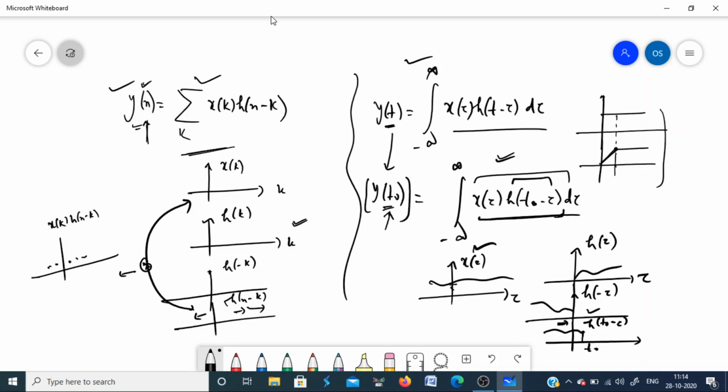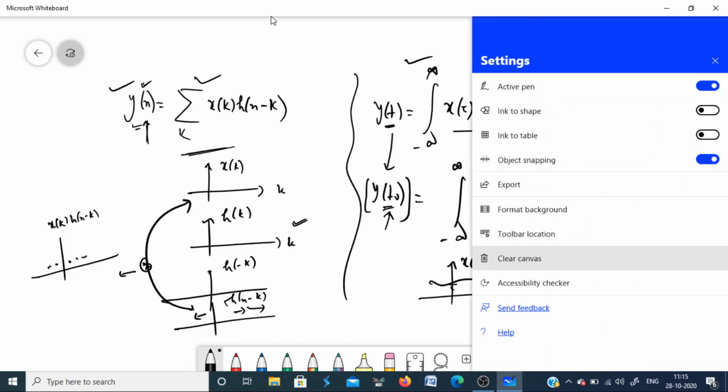From 0 to this time it is linear, then it is constant. Between these two points, 0 to any time t naught, I can multiply and integrate once. Beyond this t naught, this function takes a different equation. So you have two time limits, 0 to t naught and t naught to maybe plus infinity, like this.